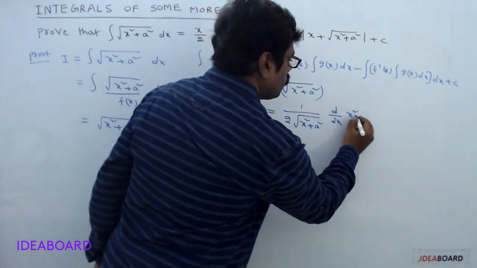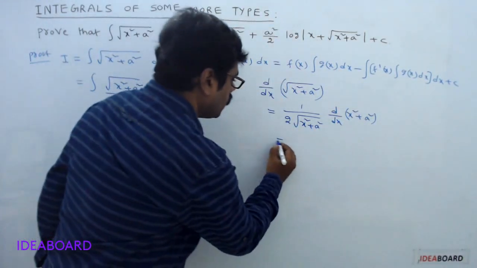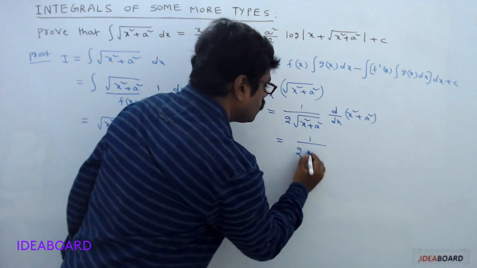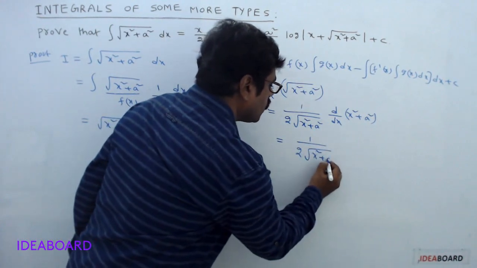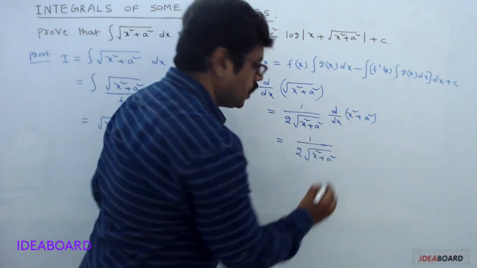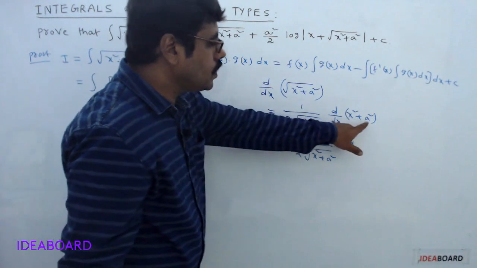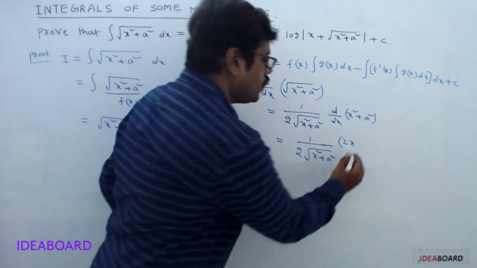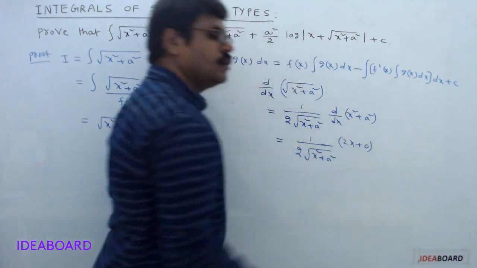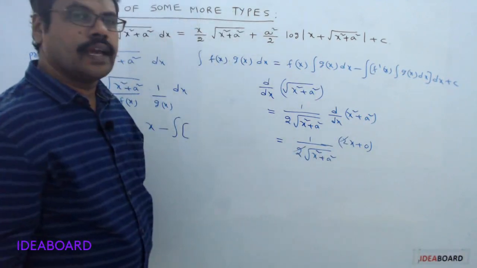So the derivative of x square plus a square. Now it is 1 divided by 2 root of x square plus a square, into the derivative of x square plus a square. The derivative of x square is 2x, and a square is the constant term, its derivative is 0. Now the constant 2 will be cancelled.